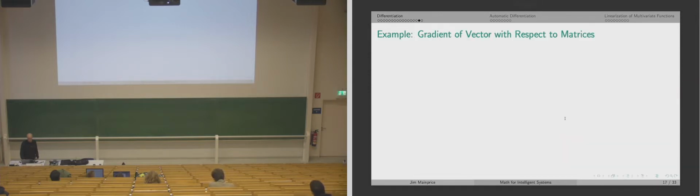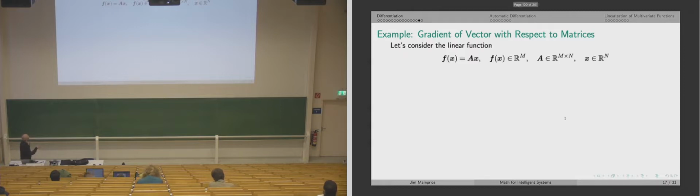So here we're going to take an example of the gradient of a vector with respect to some matrix. Back to a linear case. This is the exact same case as before.